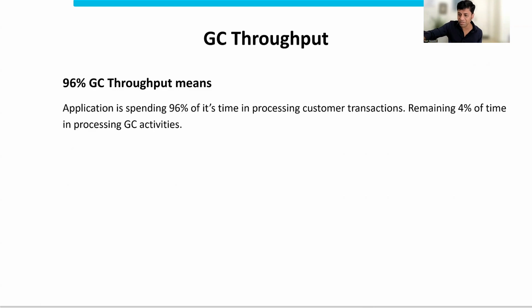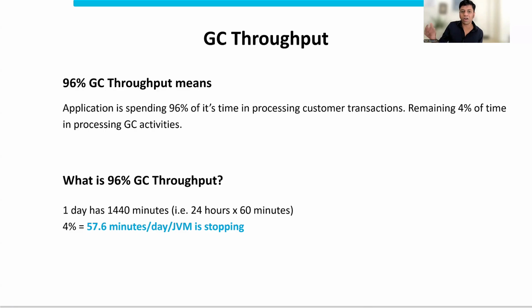That is, 96% is spent processing customer transactions, which is needed for running my business, because when garbage collection runs, the application stops for 4% of its entire time. How many minutes are there in one day? There are 1,440 minutes. That means 4% of 1,440 minutes is 57.6 minutes per day.